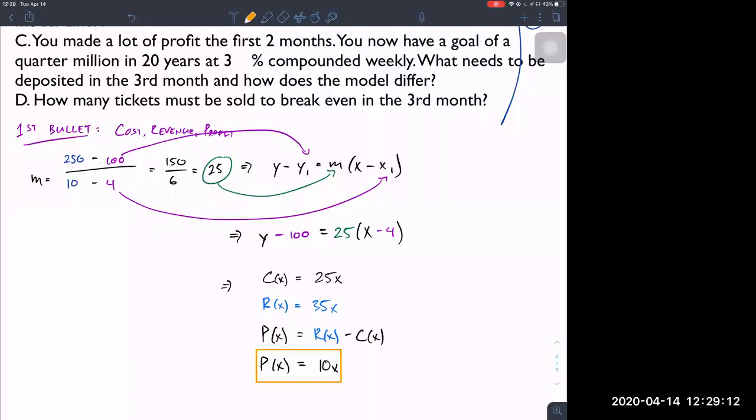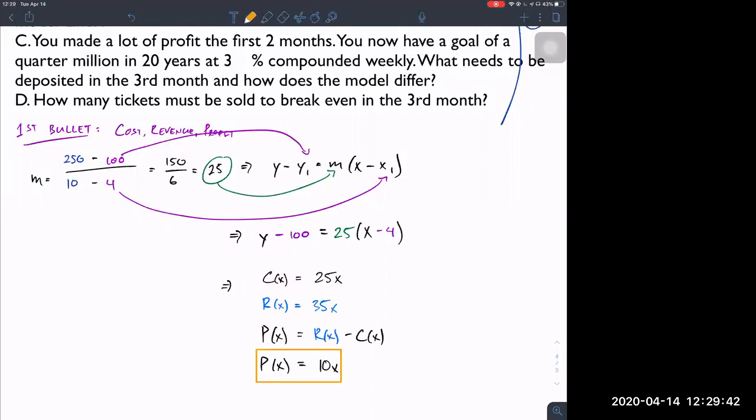It becomes redundant, unnecessary, and repeated information that could actually make our model more complicated. So at the end of the day, if you're ever given a cost, revenue, profit, just realize that you're doing the same exact work like we used to, except you're only using the profit function. Okay, so that's the first bullet there.